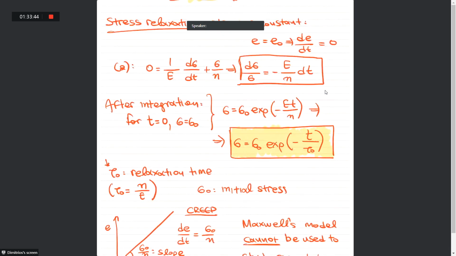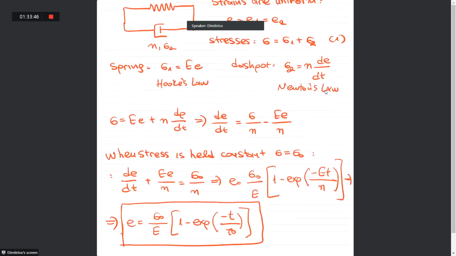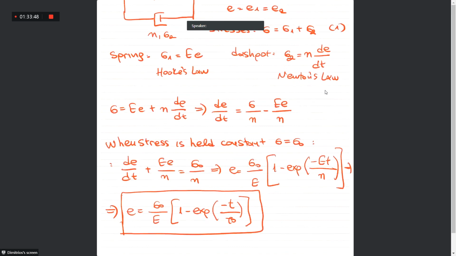So from Voigt's equation, we get this dependency of strain when the polymer undergoes creep. The strain rate decreases with time.